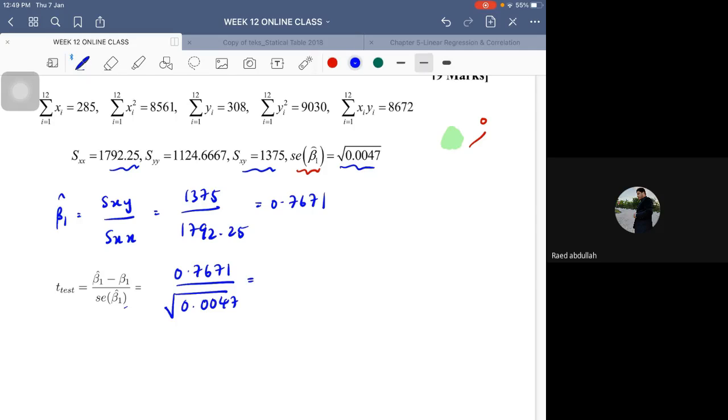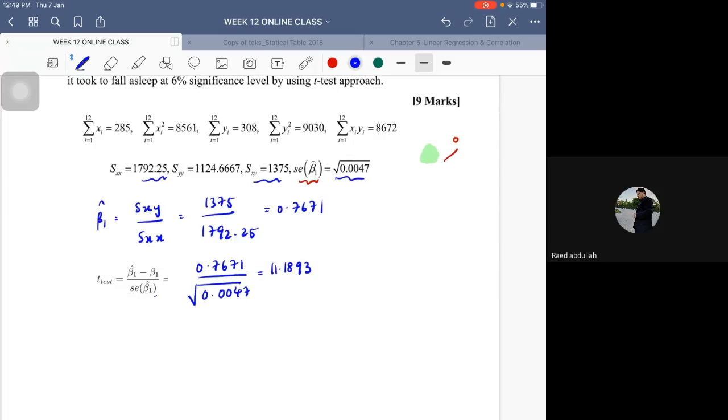So what is my t-test value? 11.1893. Okay, so that is the value of the t-test, given by 11.1893.